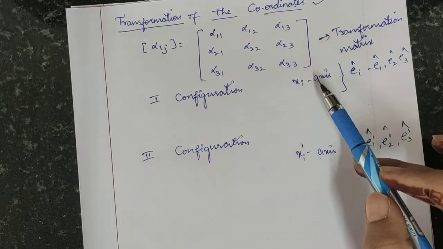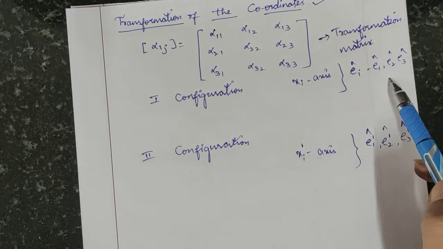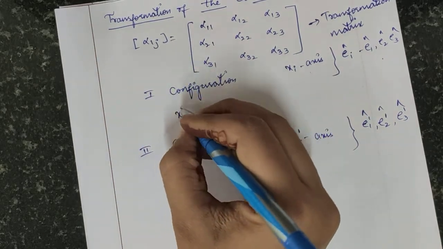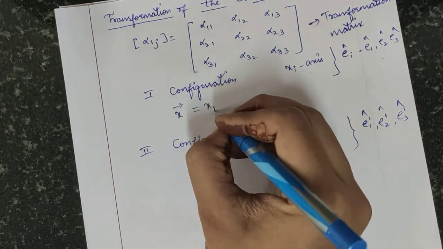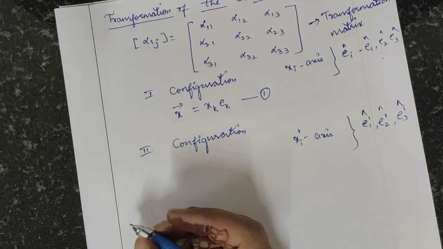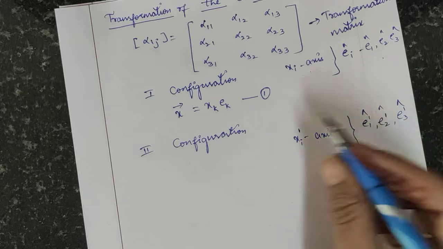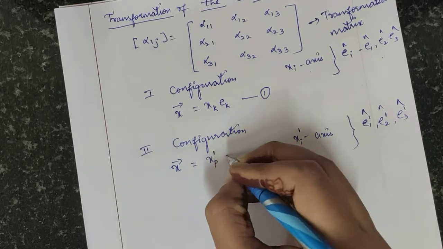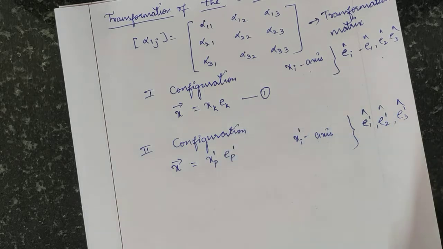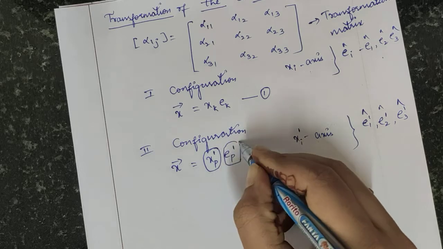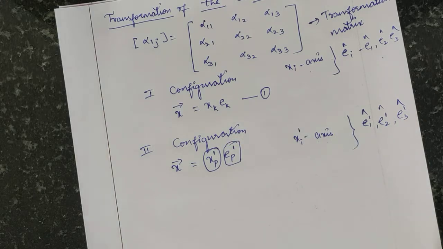So using these axes and with respect to these base vectors, we can write the first configuration as vector x is equal to xk ek. This is my equation number 1. Similarly, for xi prime, we can write vector x is equal to xp prime into ep prime. This is with respect to the axis, and these are my base vectors, right?